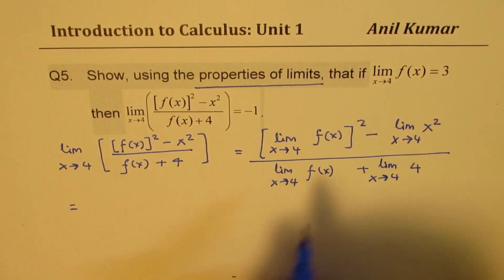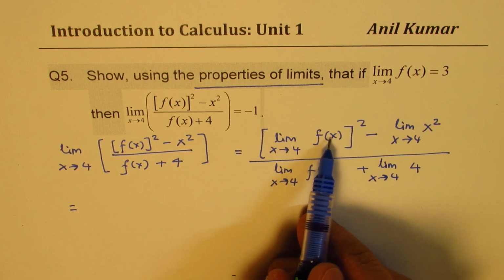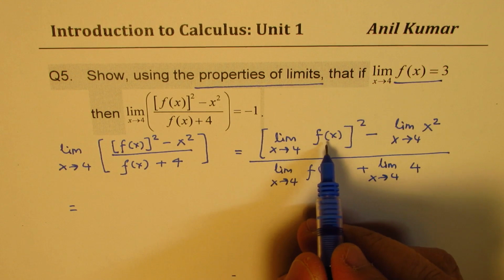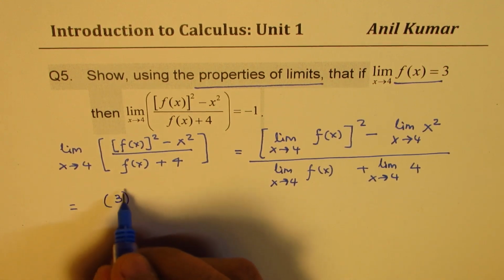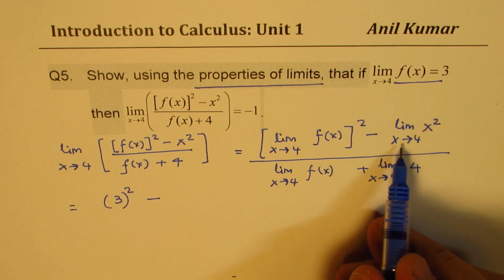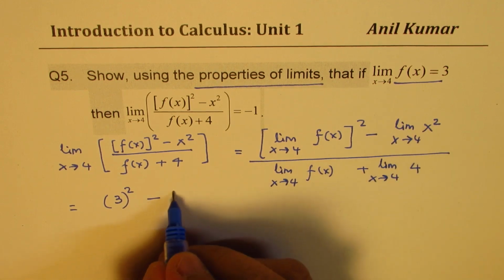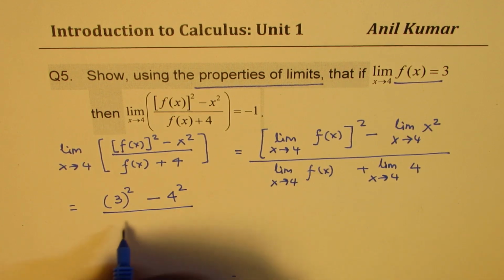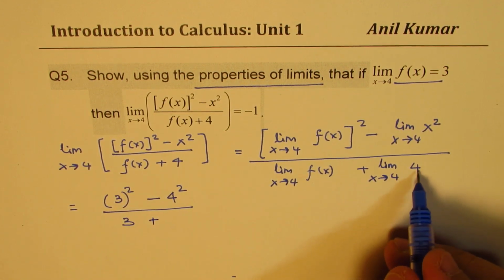So now we know what the limit of f of x is as x approaches 4. It is 3. So we'll replace this by 3. So we get 3 square minus x square when x approaches 4 will be 4 square, divided by, this limit is given to us as 3, plus constant 4.